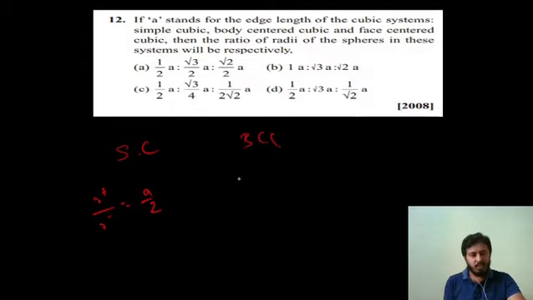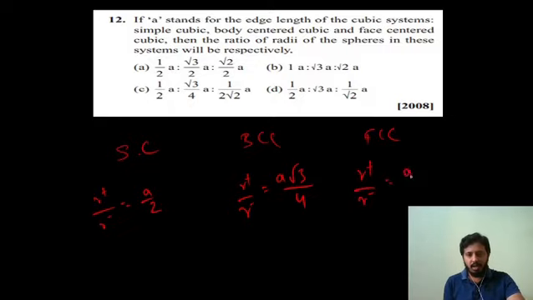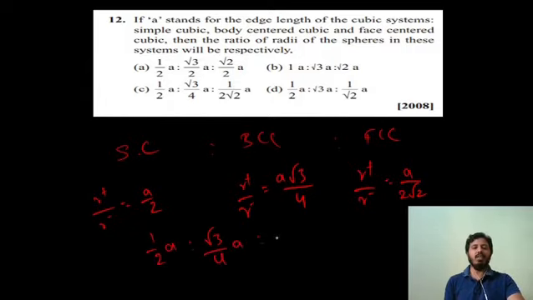Similarly for BCC, it is a root 3 divided by 4. Similarly for face centered cube, radius will be a divided by 2 root 2. If you take the ratio of these values, you will get 1 by 2a is to root 3 divided by 4a is to 1 by 2 root 2a, that is option C.